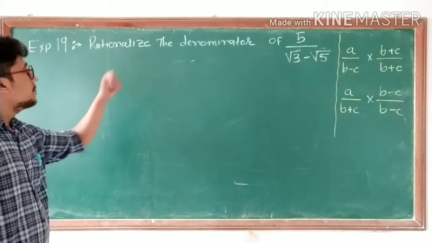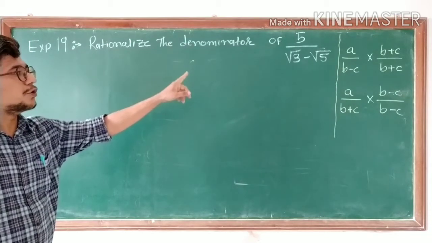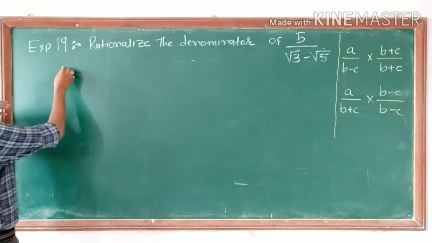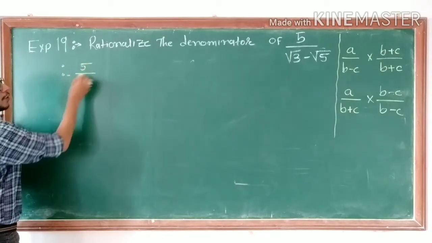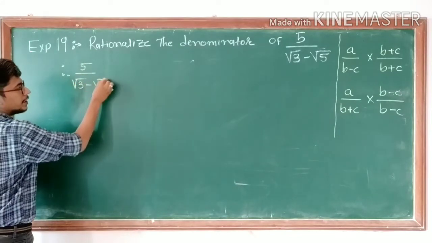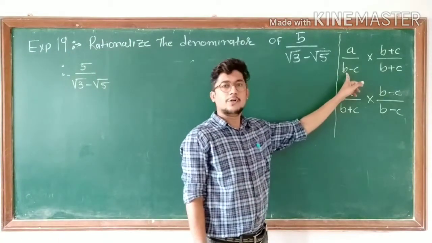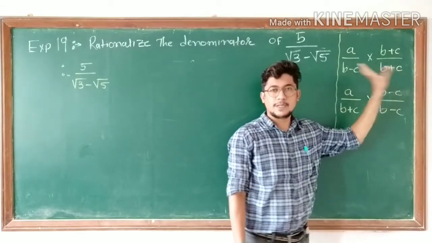Example 19: rationalize the denominator of 5 upon root 3 minus root 5. So again it is the same type of problem. We have 5 upon root 3 minus square root of 5. We know that whenever minus is given, you have to multiply and divide with the plus sign too.